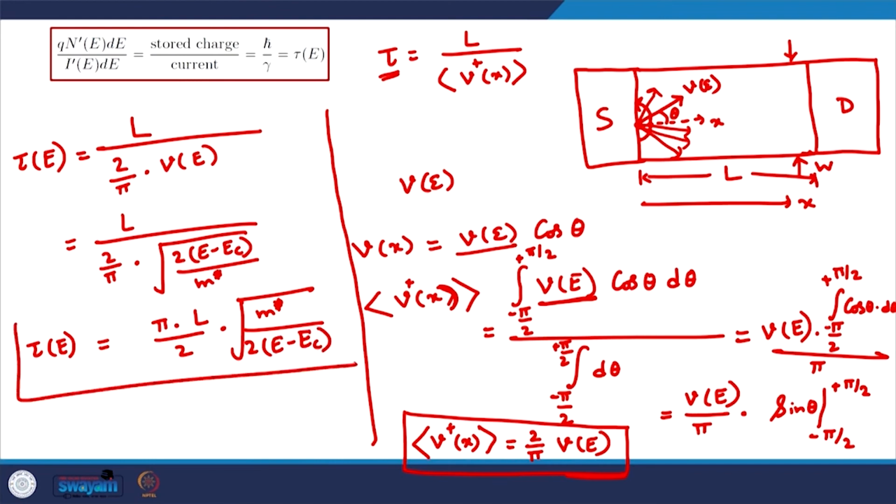So, that is essentially what it will be for tau e. Okay. Pi times L divided by 2 into square root of m star divided by 2 times E minus Ec. So, now we are in a situation to calculate this parameter gamma essentially.